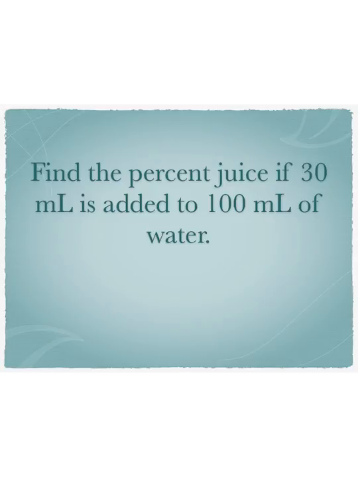All right, so let's try one of these. We're going to find the percent juice if 30 milliliters is added to 100 milliliters of water. So the first part's easy. You just find the number of what they're adding, which is 30. Then on the total volume, you need to be careful. Did they give you the whole solution or did they just give the water? Here it is just the water. So our total is going to be 30 plus 100, or 130.